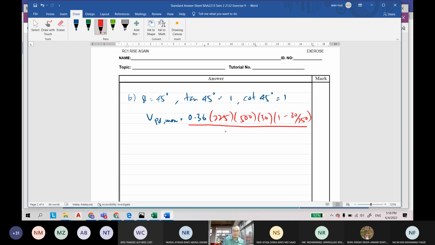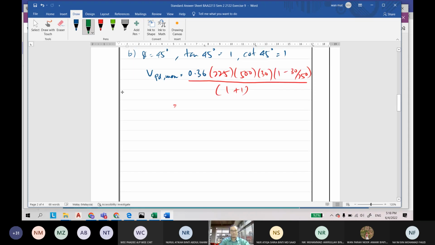Cotangent theta plus tangent theta is 1 plus 1. So what is our VRD max now? Any answer? 535. Okay, thank you, 535 kilonewton.